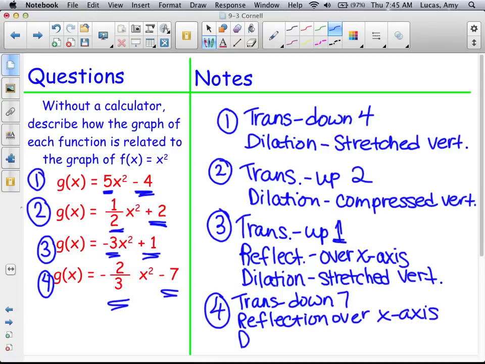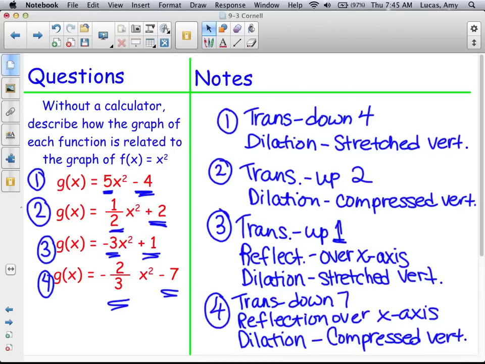And then last, it's a dilation, but this time it is not stretched, it is compressed vertically because that fraction is less than 1. Be careful with your fractions, because if it's a fraction but it represents a number larger than 1, it's stretched vertically. If it's a fraction that represents a number that is less than 1, remember we're ignoring the negative sign, then it's going to be compressed vertically.